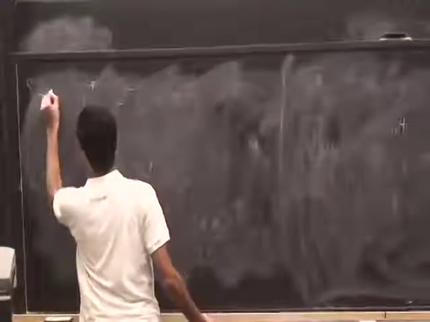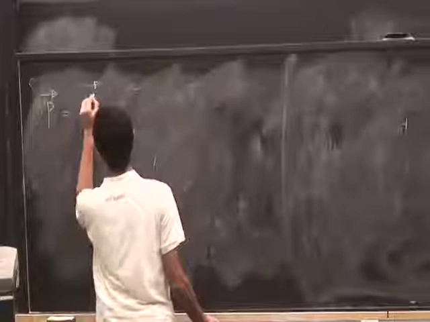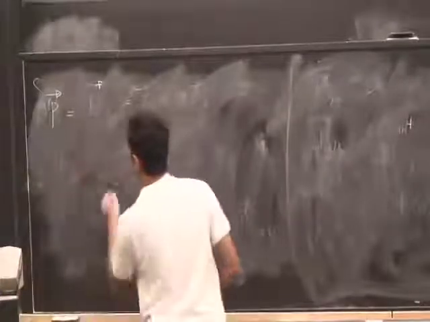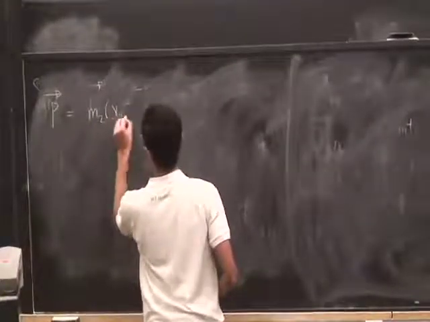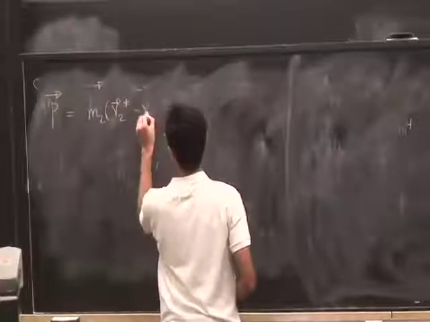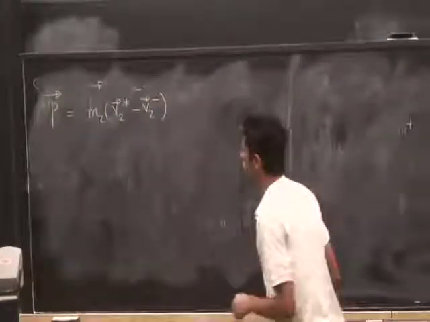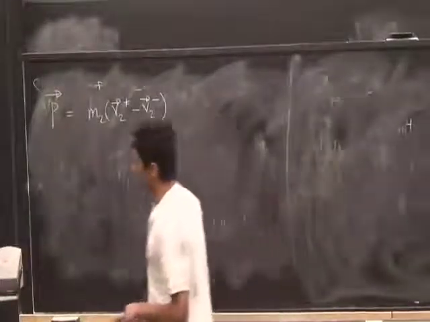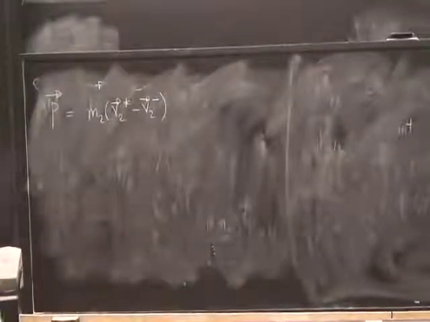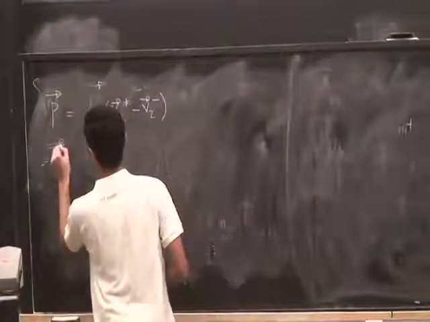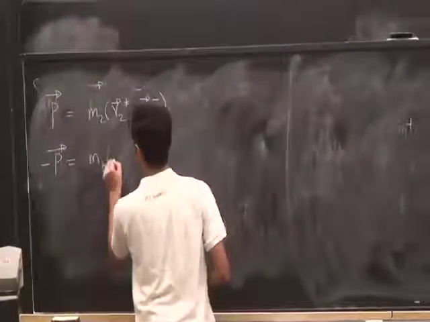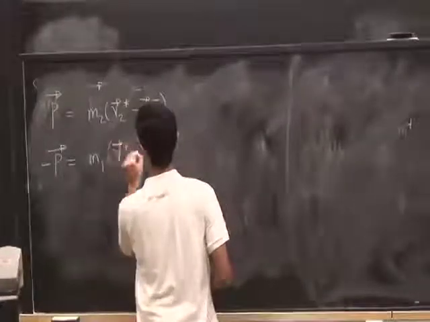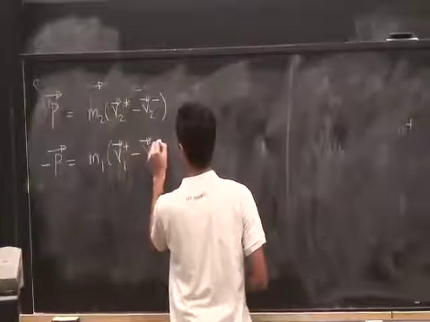Okay, so P is that integral, and that integral goes from V2 negative to V2 positive, as I have it over here. So that's going to give me M2 times V2 positive minus V2 negative. Now you can do the same calculation for this mass, carry a similar procedure, and what you'll get is minus P equals M1 times V1 positive minus V1 negative.